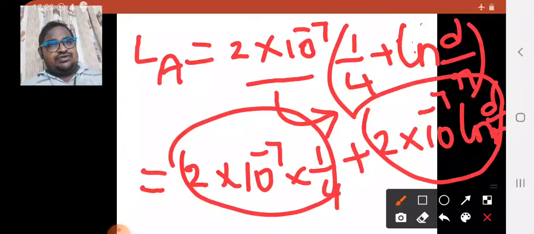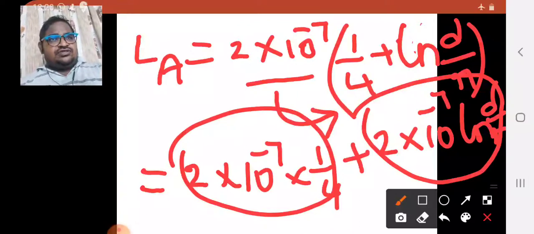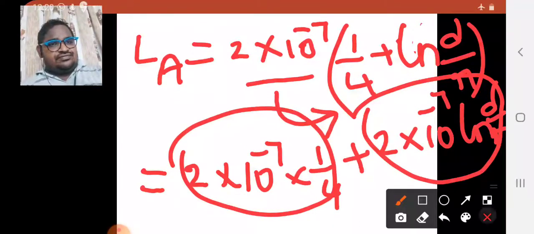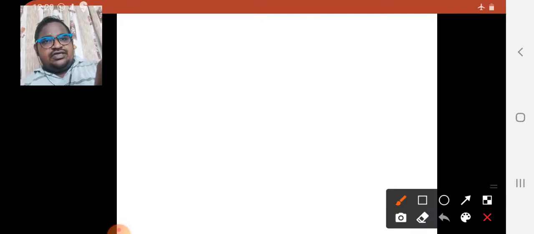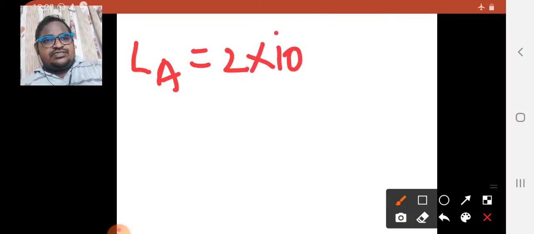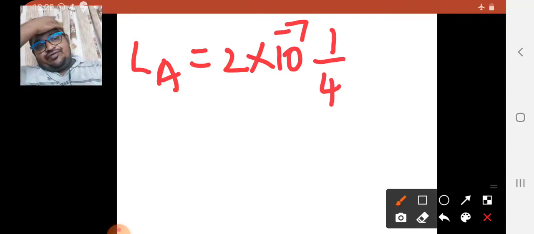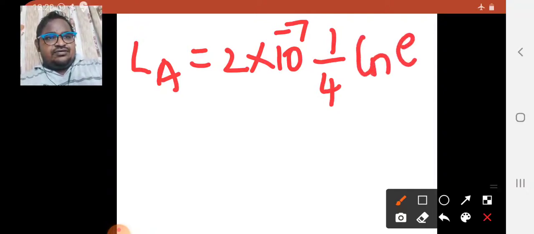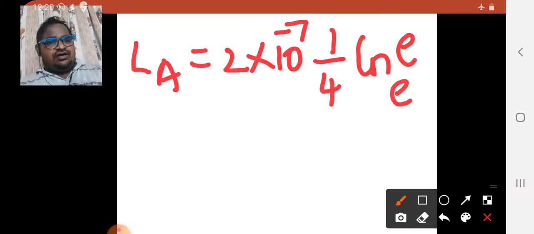So how can we simplify this? Let us consider LA is equal to 2 into 10 power minus 7, as it is 1 by 4, and here I can write ln E, base E. What is the value of ln E?